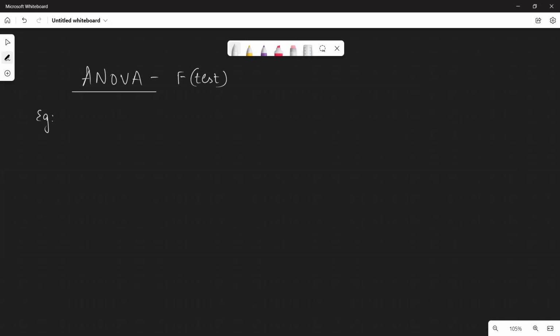Now, let's take an example here. Let's say we will have multiple samples. Sample 1 is this much; I'll write down the values here. Sample 2 and sample 3. This kind of data is given to you. Sample 1, sample 2 and sample 3.